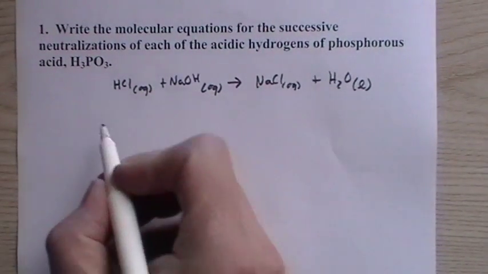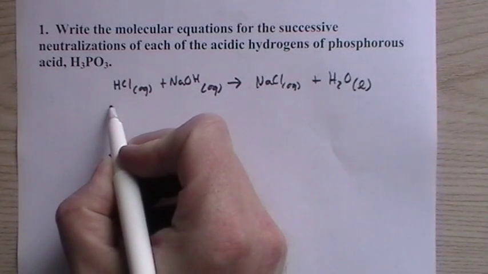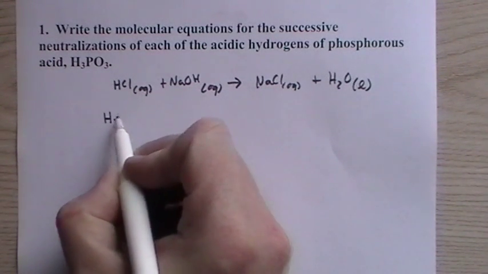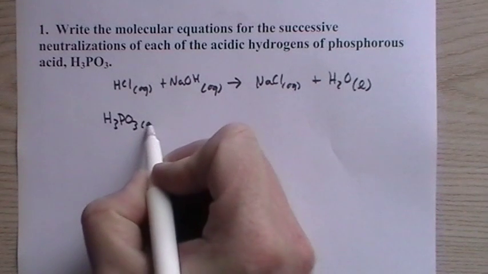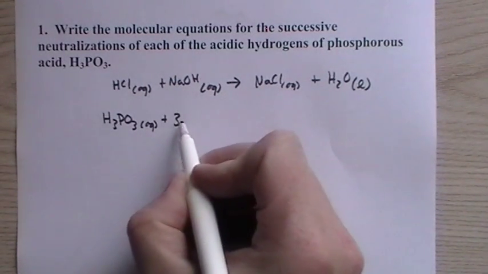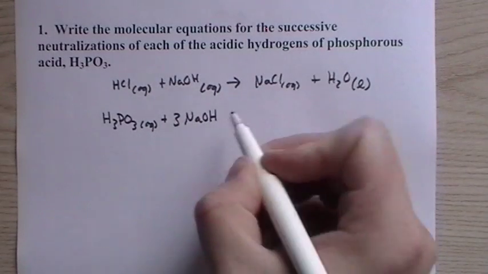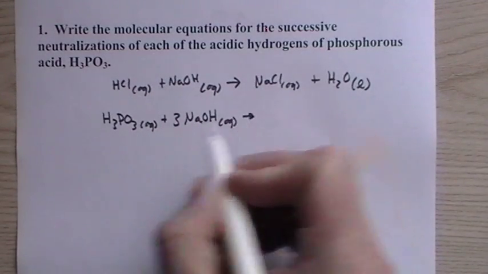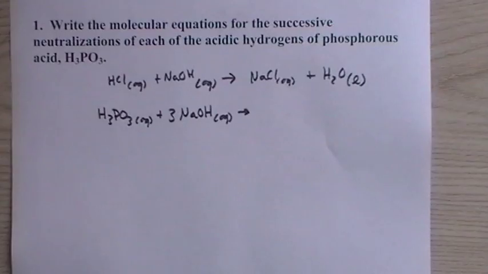But if we have a triprotic acid, this is polyprotic, there's 3 H pluses, and that's what they're asking us to do. Well, we need 3 sodium hydroxides to react all of the H plus that's available.